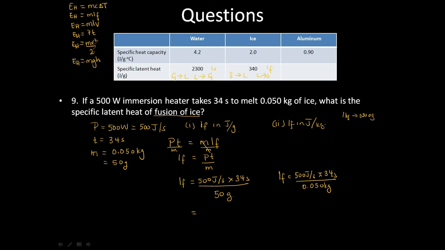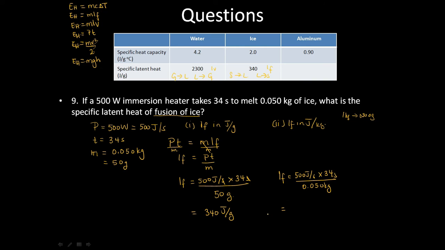This will give us the actual SI units. These are just units that you can use on the cells. They're not standard, but they are accepted. Times 34 divided by 50, so we get back the same number. Seconds cancel out, and you end up with J over G. With this one you get a bigger number.